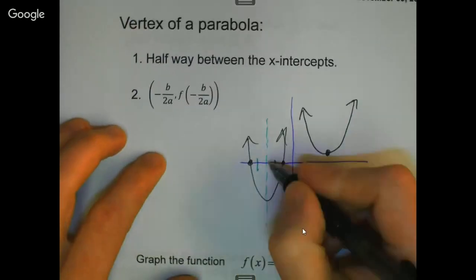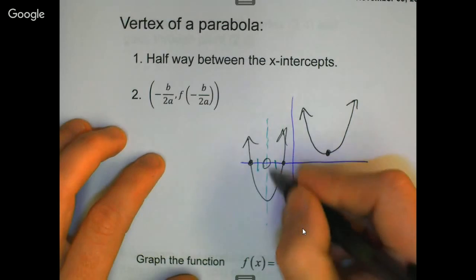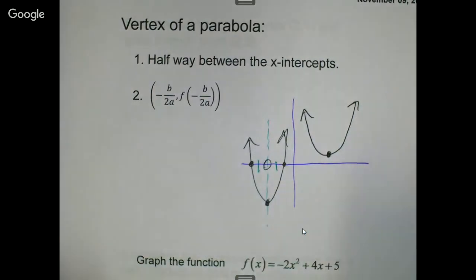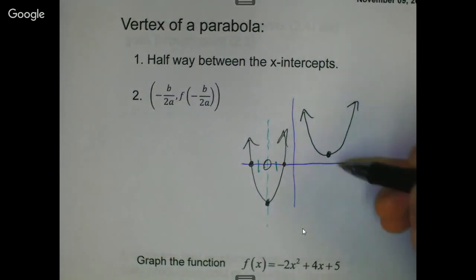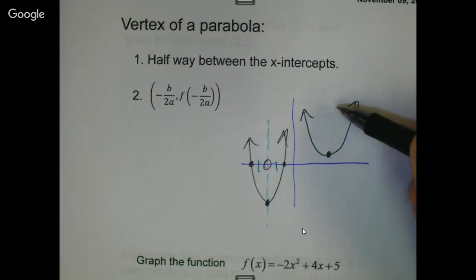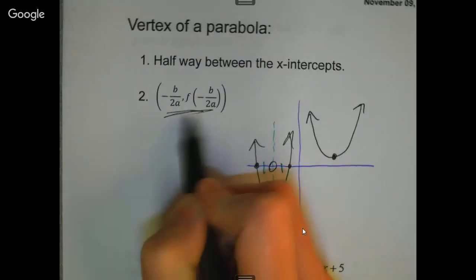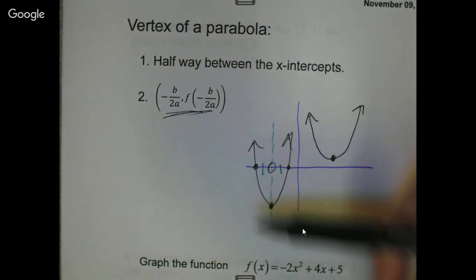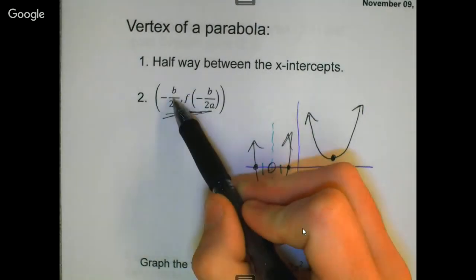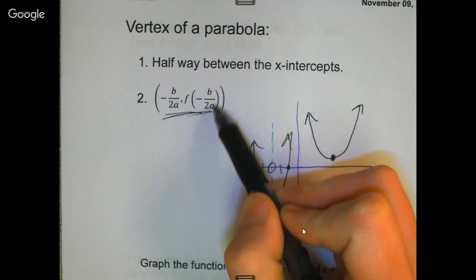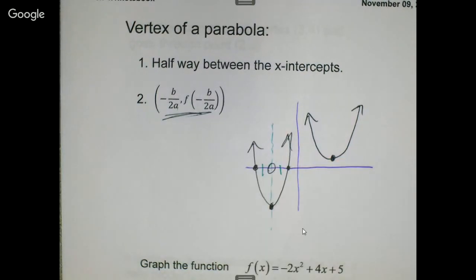So if you can get this x coordinate right here, I can just plug it in and find the y. But the hard part is, if it doesn't cross the x-axis, that's when I use this. The x value will be negative b over 2a, and then I plug that in to figure out what y is.